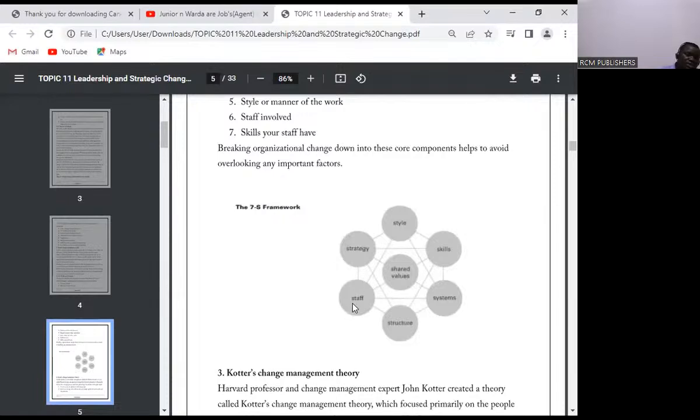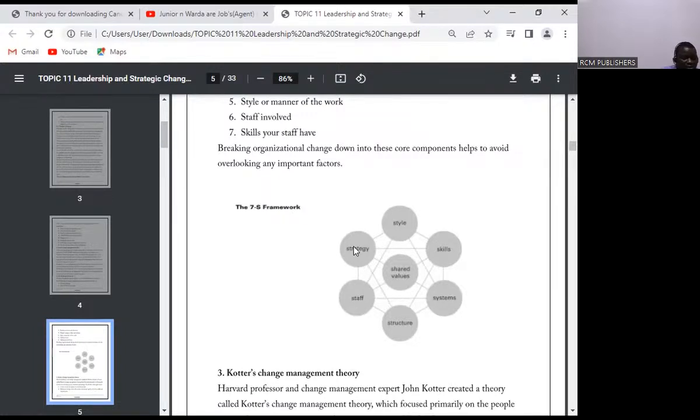The next we have is the staff. The staff are the people, the employees, who will be implementing much of the recommendations out of the change process. For that case, we need to ask ourselves, do they have the skills required? Are we able to modify their behavior, their perception, and their attitude towards doing the work? And lastly, we have what we call the strategy.